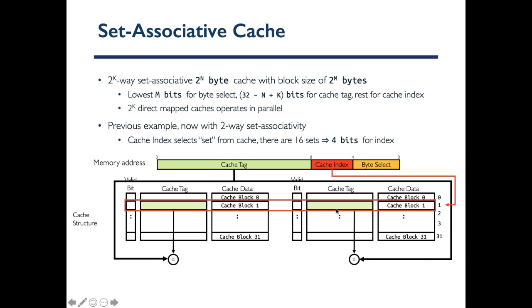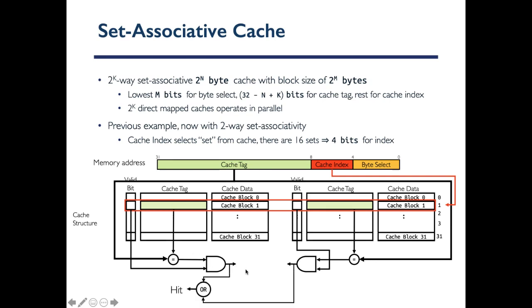So I check them. Now, here I've also added the valid bit. So you have to check if that cache location is valid. Let's say it is valid, and let's say you have found a match here. So you have to just OR them. So it's either here or here. If any of them has found it, now you have a hit.